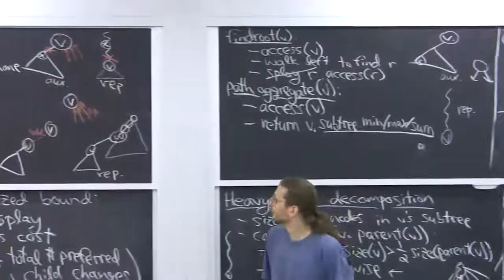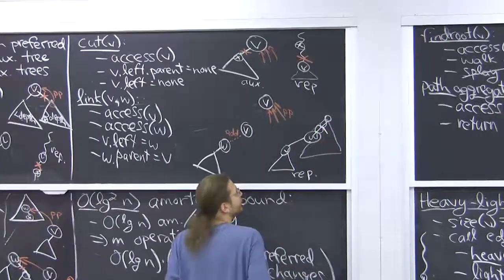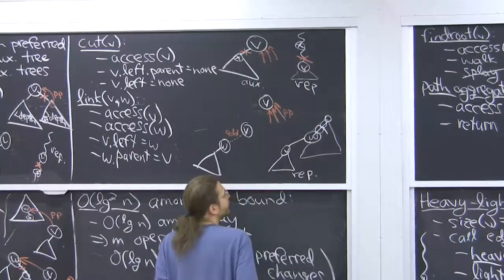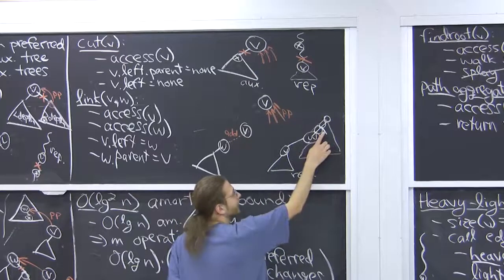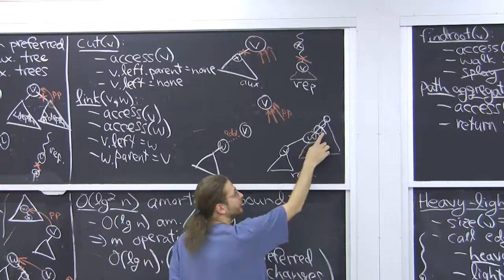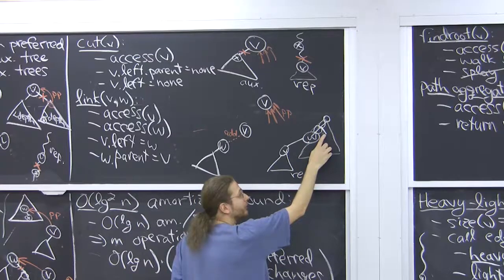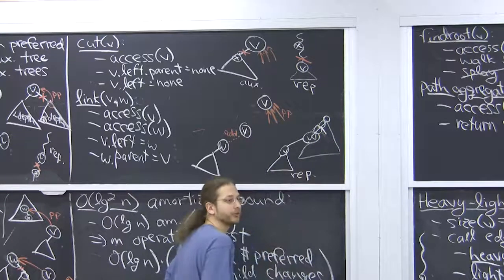So does anything change? Well, there might have been a heavy edge hanging off of here. Is that possible? So this might turn light because this one became heavier. So this edge might become light, which means we might have potentially lost. This could have been preferred before. Well, no, it wasn't preferred, so who cares?